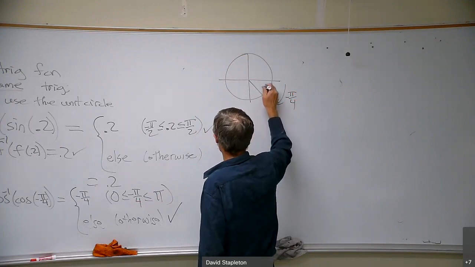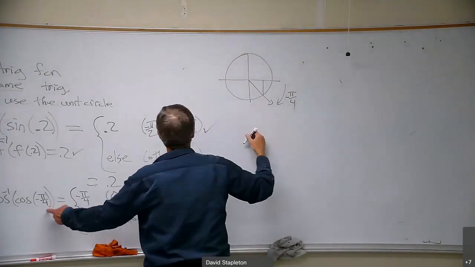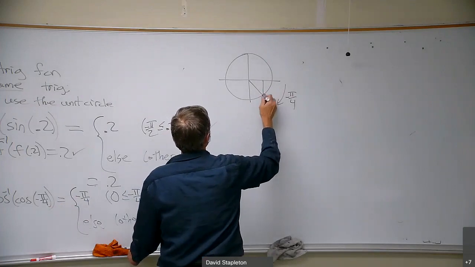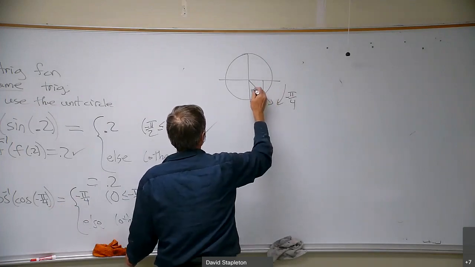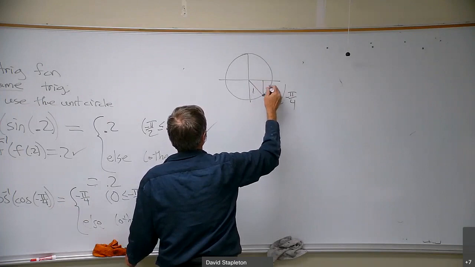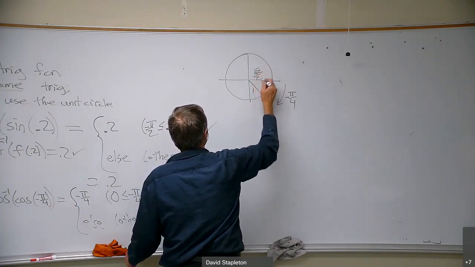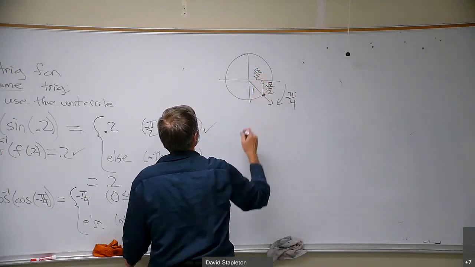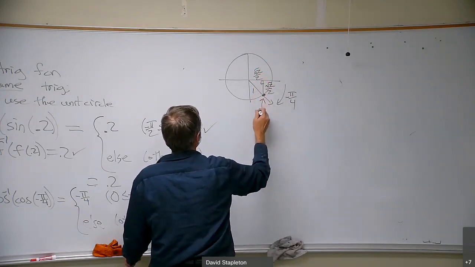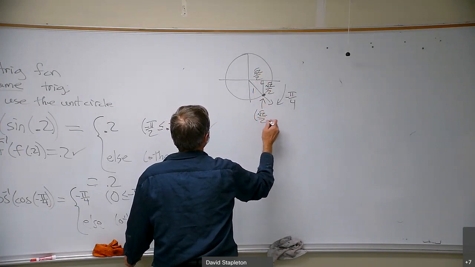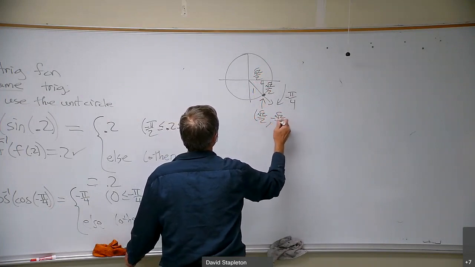And say, what is the cosine of minus pi over 4? Well, we memorized this other triangle, right? For a 45 degree angle, the 45, 45, 90 triangle, the side lengths are square root 2 over 2, square root 2 over 2, and 1 by memorization. So the coordinates of the point are square root 2 over 2 and minus square root 2 over 2.